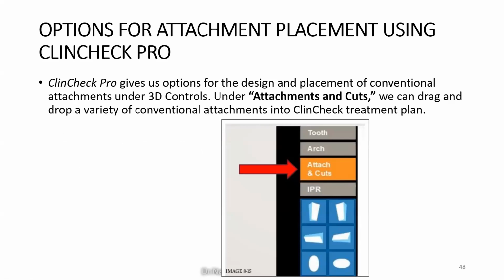And these various types of attachments can be placed through the use of an option in the ClinCheck program. That is, there is an option called attach and cut in the ClinCheck program, and in this option we can see various configurations of the attachment, and we can drag and place the attachment on the desired tooth.